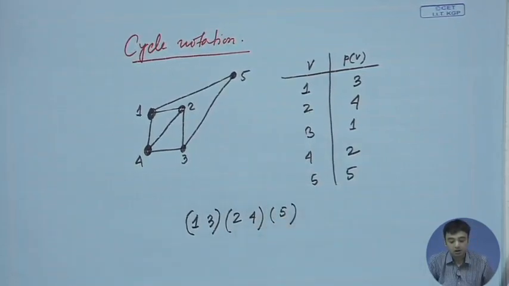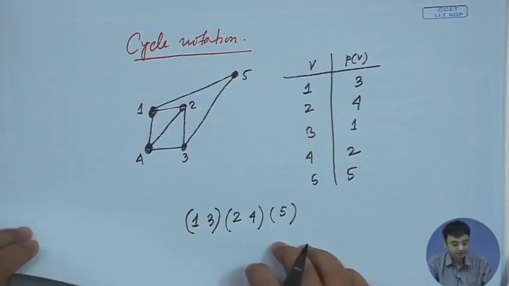So, this is how you can represent an automorphism in cycle notation. Okay. We can have another example. Let us take this particular graph here.